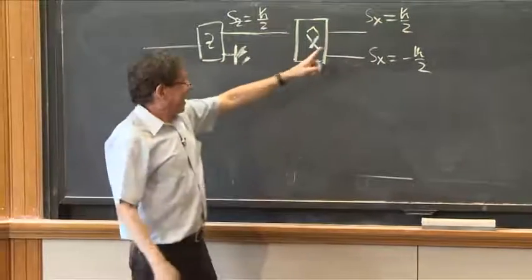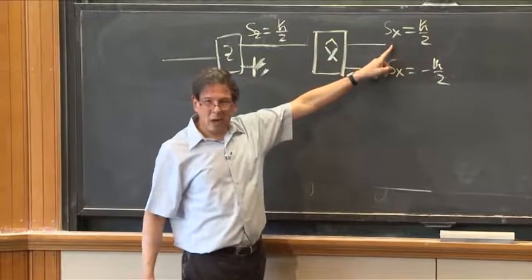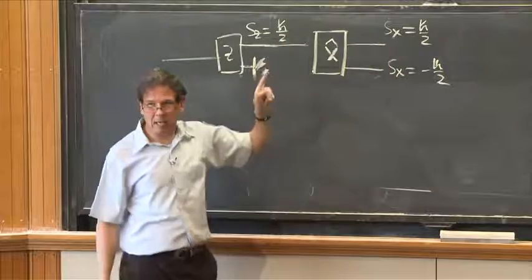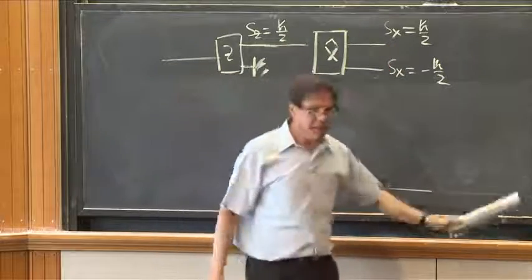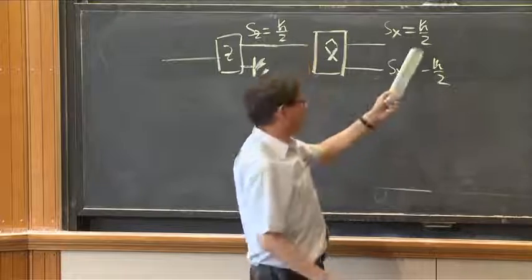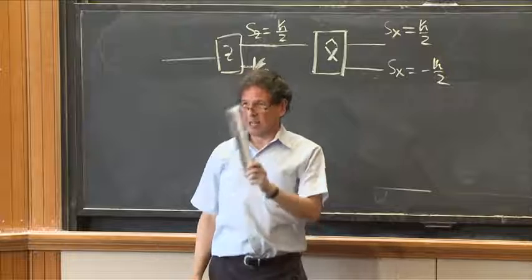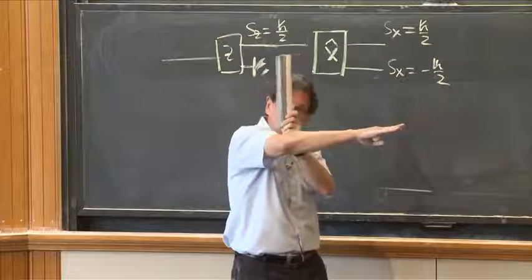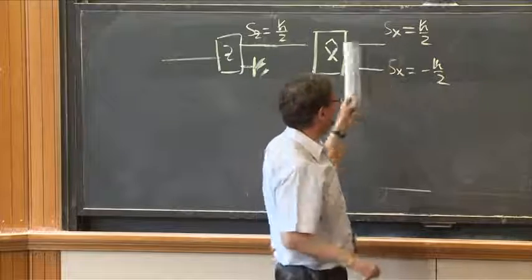So a spin state along the x direction has some overlap with a spin state along the z direction. With normal vectors, a z vector and an x vector are orthogonal, but not here for spins. The spin pointing in the z and the spin pointing in the x are not orthogonal states. They have overlaps.